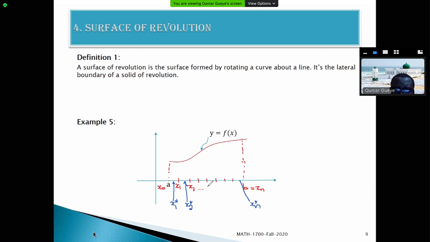Okay. So for example, if I consider this interval x(i-1) and xi, I'm going to pick a number here called xi star.